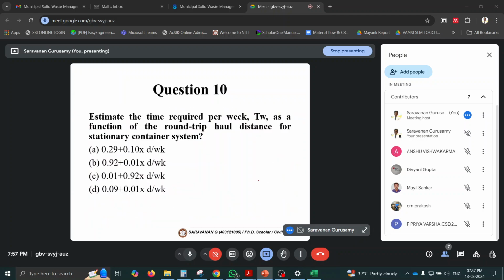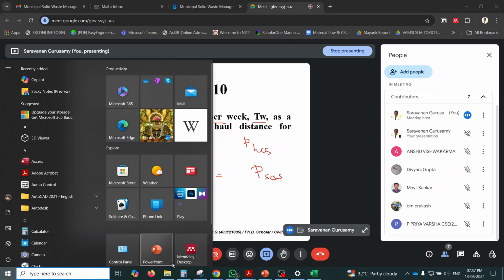Then the same question they are asking, time required per week, that is the TW. We have already calculated TW for the haul container system. Here we are going to calculate TW for the stationary container system. The same formula, but PSCS will change. There PHCS will be coming. Here PSCS. So if you see the formula, you can understand.